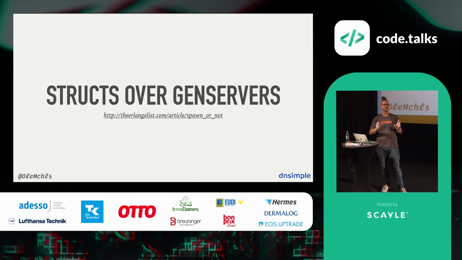You can definitely use structs to design your API and your application. You should not use GenServer for that. Processes are a concurrency design tool, and those are two very distinct things. So design your API using structs, and if you ever need concurrency, then you should only start using Erlang processes or OTP processes and GenServer.